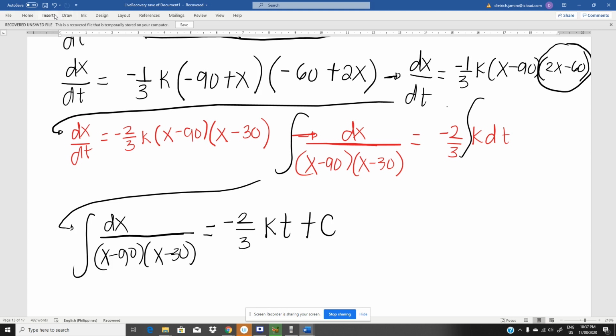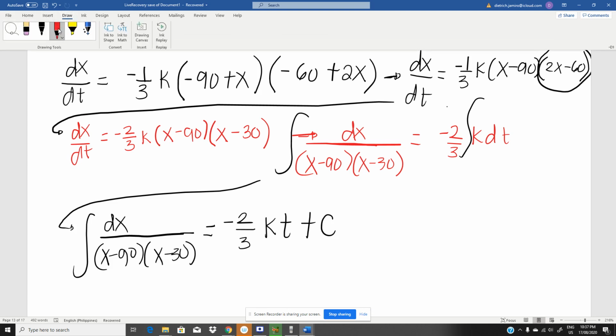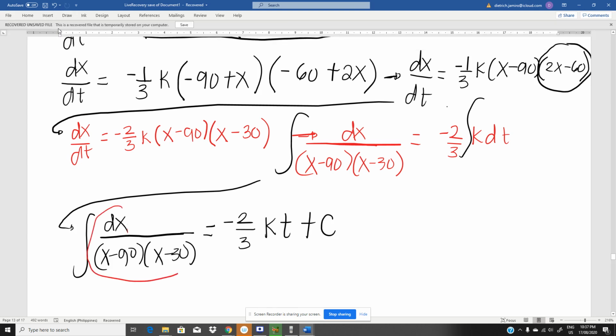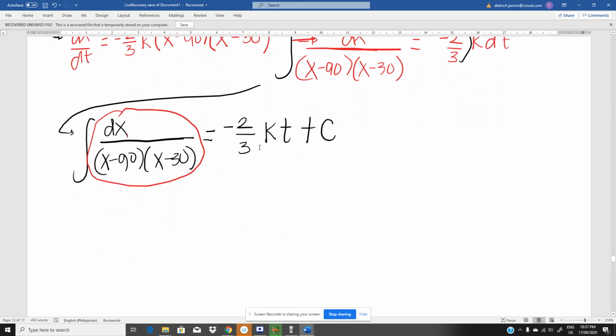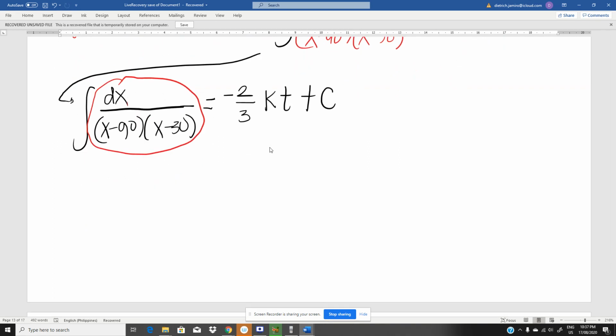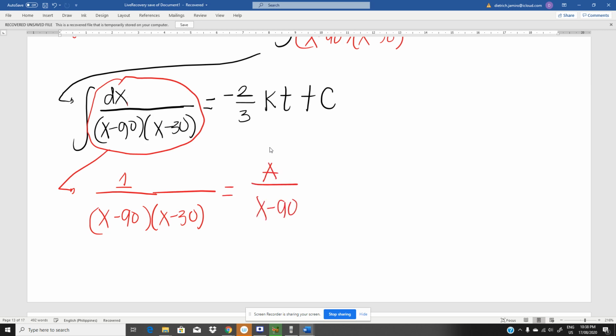As you can see, for this part of the integral, we will use partial fraction decomposition to get our values of A and B. So first we will have 1 over (x minus 90)(x minus 30) is equal to A over (x minus 90) plus B over (x minus 30).